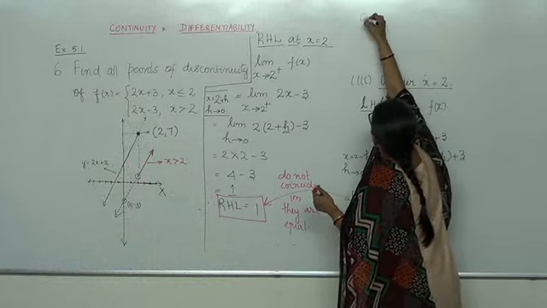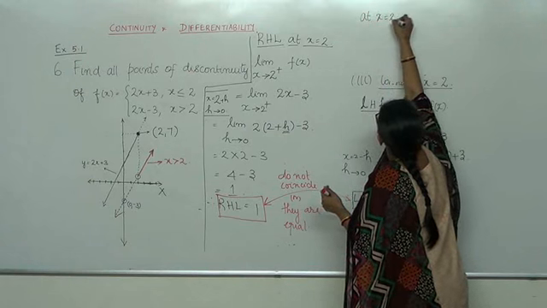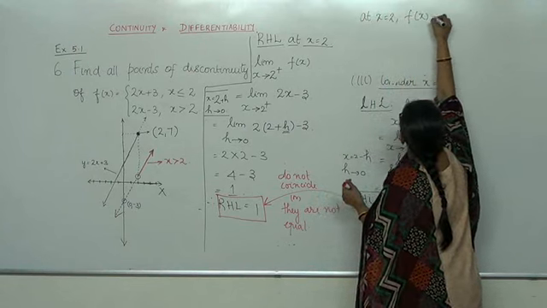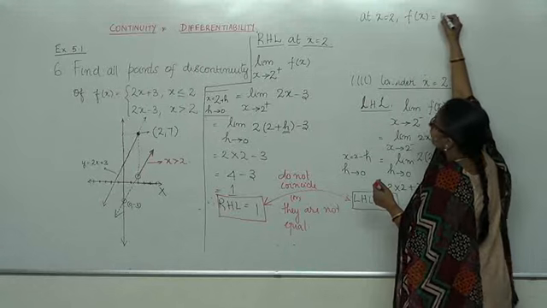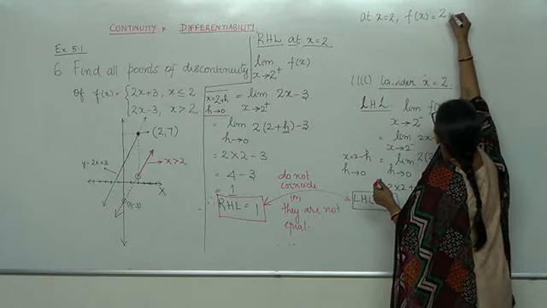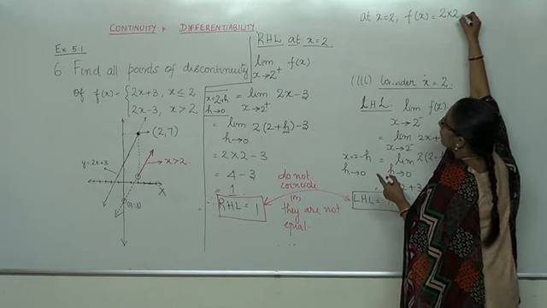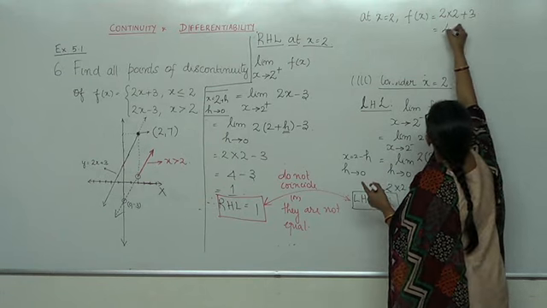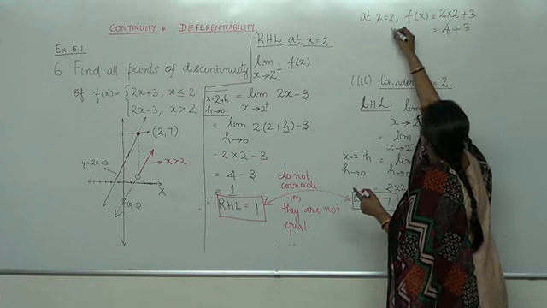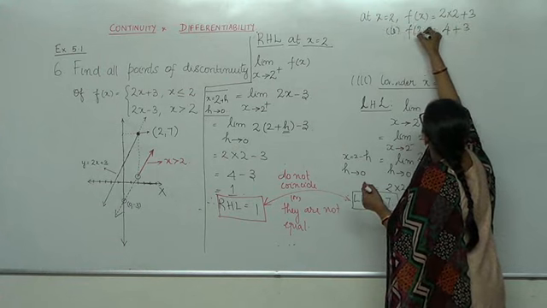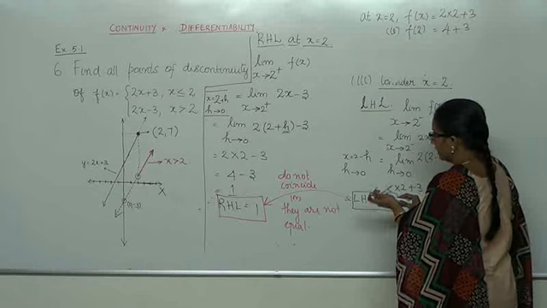At x is equal to 2, f of x is equal to 2 into 2 plus 3, which is equal to 4 plus 3. That is, f of 2 is equal to 4 plus 3.